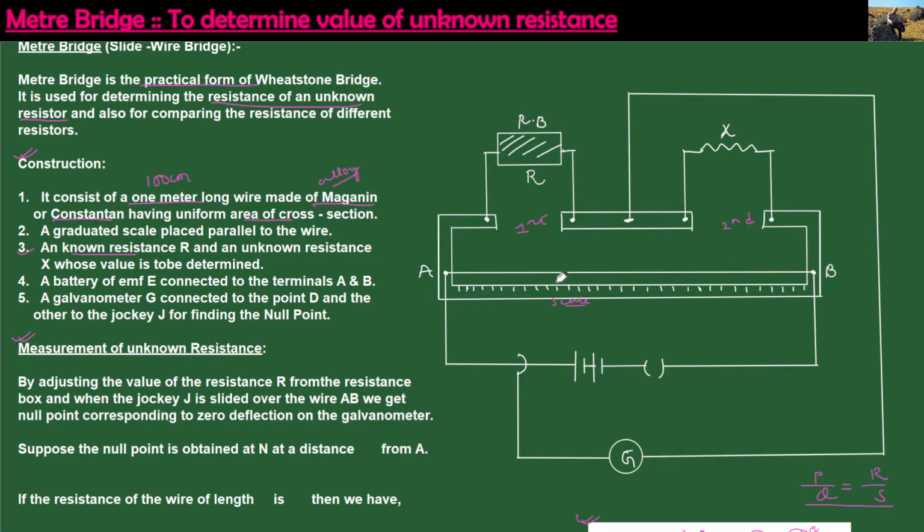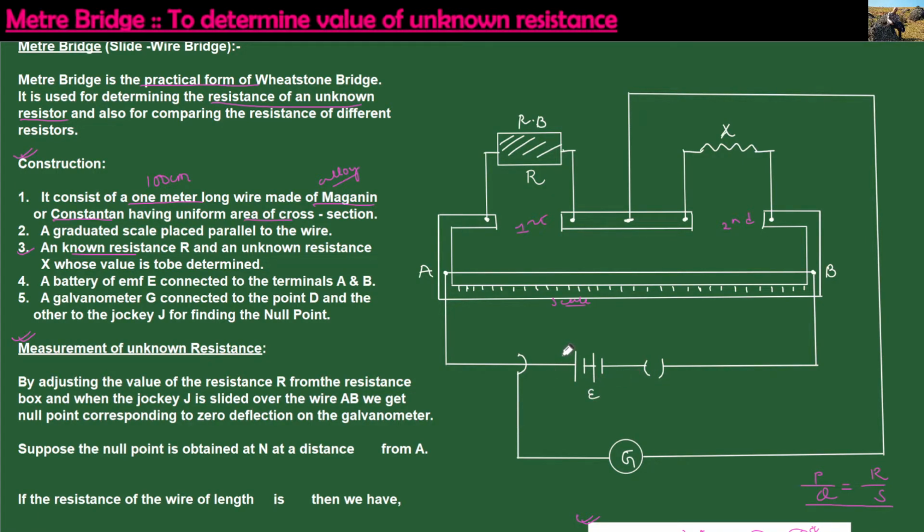Across the junction points A and B, we apply a potential from a battery of V volts, or having EMF E.